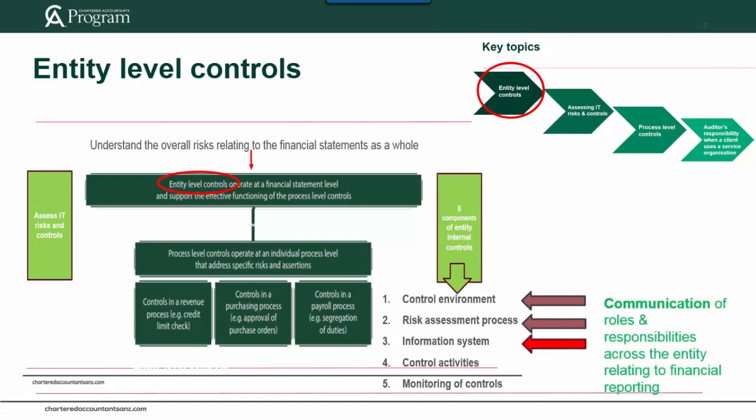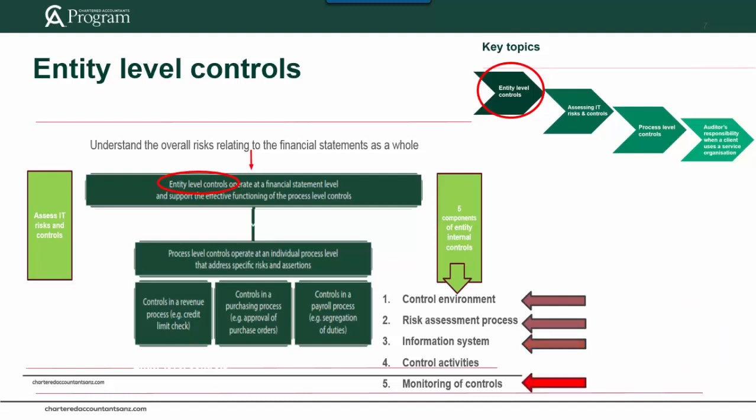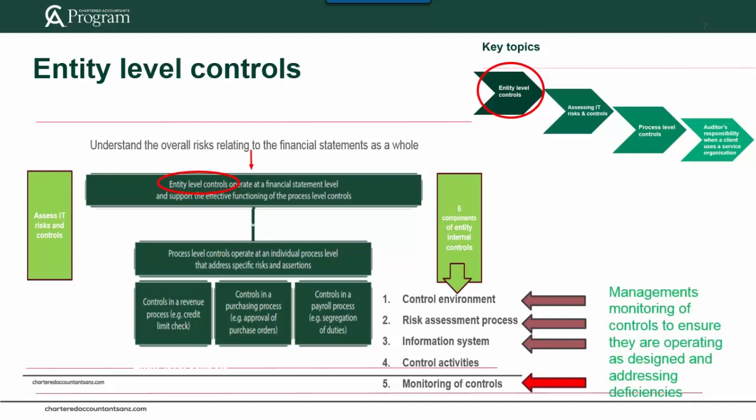Communication involves providing staff an understanding of their roles and responsibilities relating to financial reporting. Effective communication is usually strongly linked with the control environment and applies to the entity as a whole. Last but not least, entity-level controls also include monitoring of controls. Management must have ways of monitoring whether the entity's internal control is functioning as designed and is addressing any deficiencies to ensure its controls are and continue to be effective.